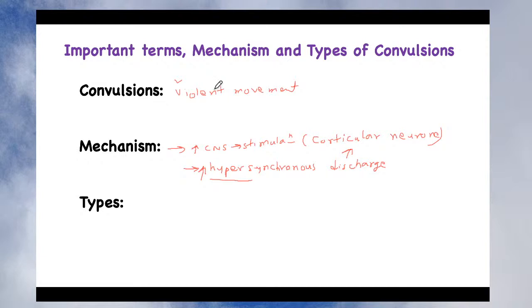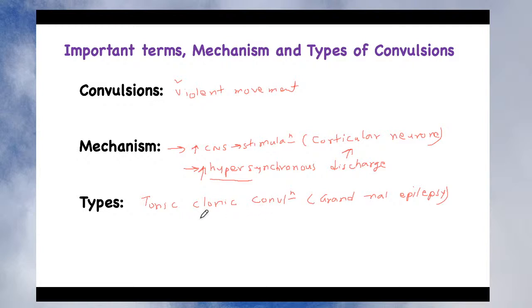The first type of convulsion is called tonic-clonic convulsion. It is also called grand mal epilepsy, or major epilepsy.